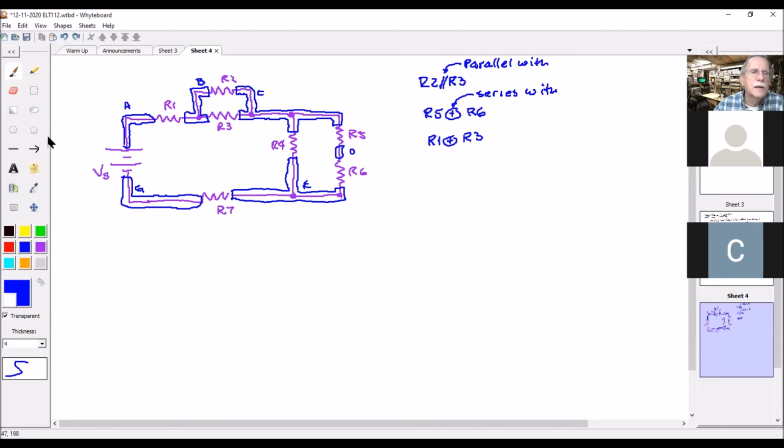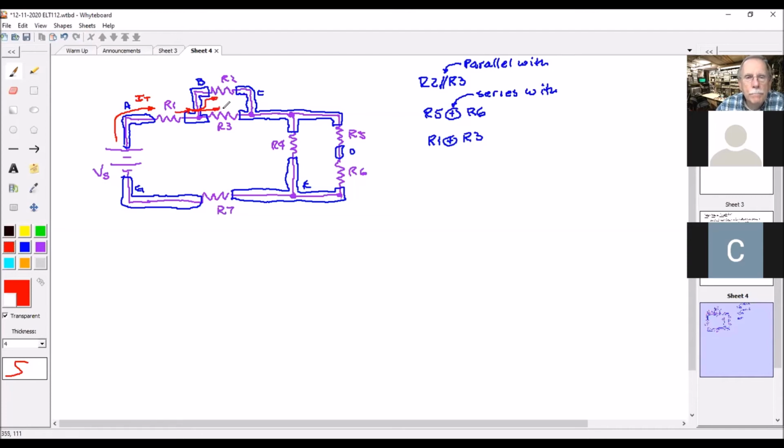Okay, so let's look at it first from the current viewpoint. If I talk about IT leaves the battery, goes into R1, comes out of R1, and what happens when it gets to here? Does it split into R2 and R3? It splits between R3 and R2.